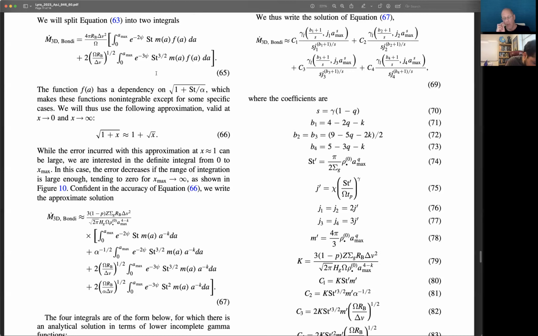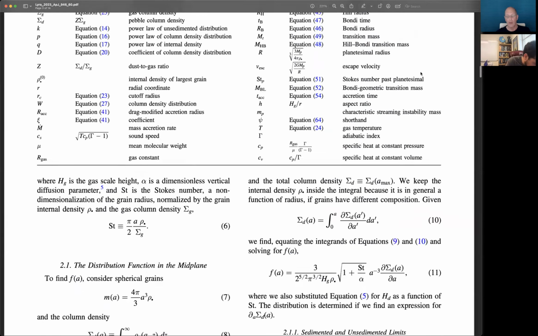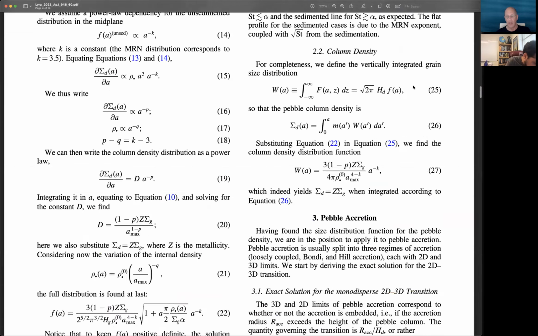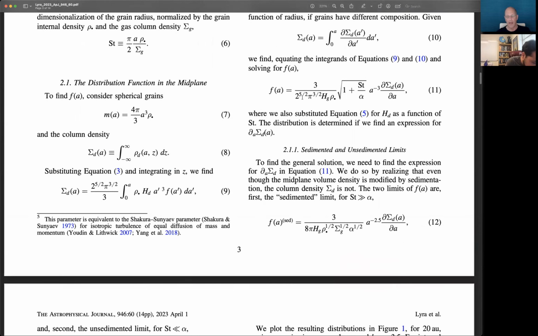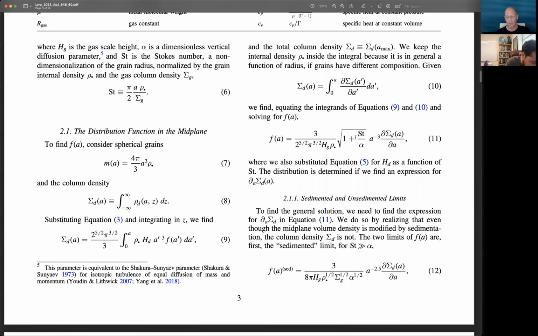So let me show this distribution f, which essentially is the distribution function of pebbles. That is equation 11. Okay, let's go back to page 3. Let's go to 11 momentarily, and 11, f of a. There we go. Right. You see that square root there, right?